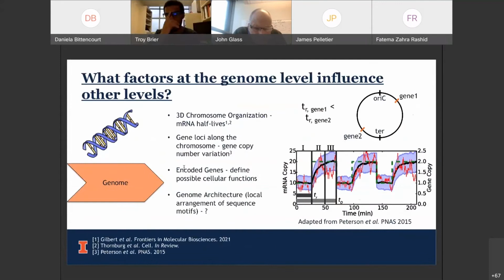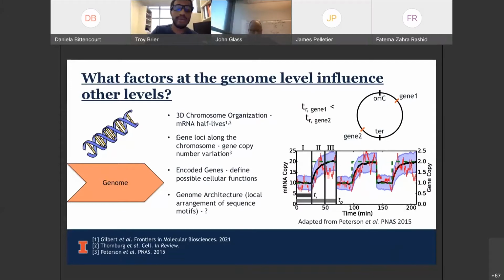There's been some work that's already talked about how these factors at the genome level influence the other component levels. My colleagues earlier talked about these first two, or touched on this first one, I should say, whereas the actual physical orientation of the 3D chromosome seems to impact the messenger RNA half-lives, which would obviously impact the transcriptome and so on downstream.